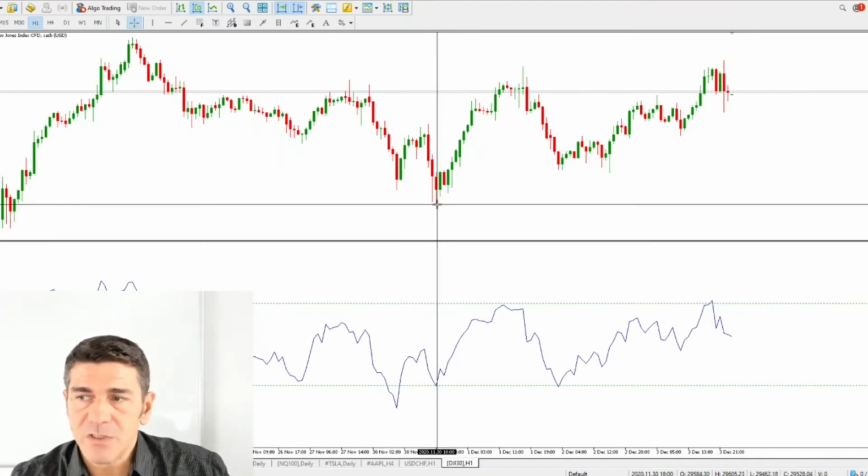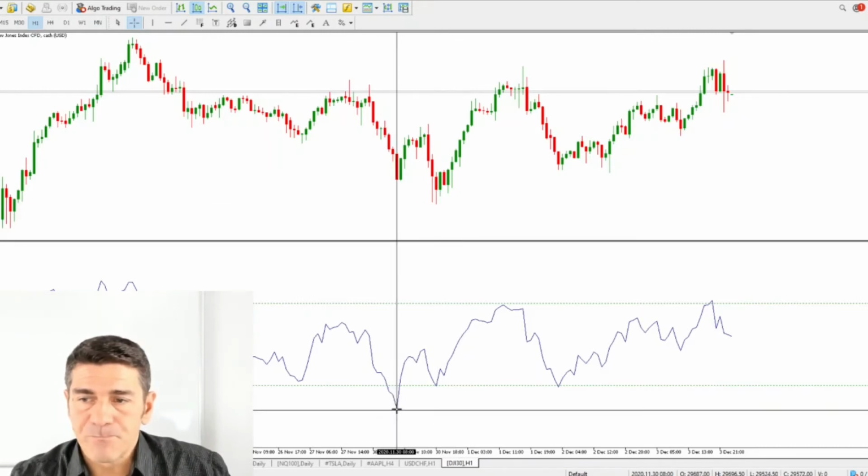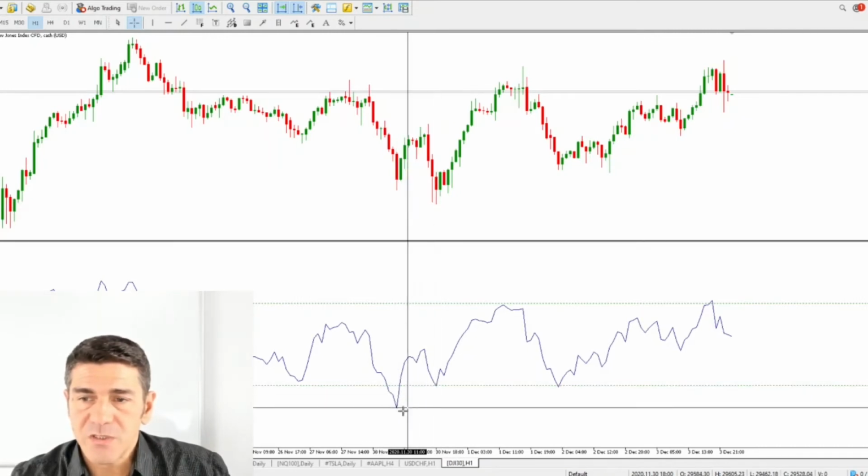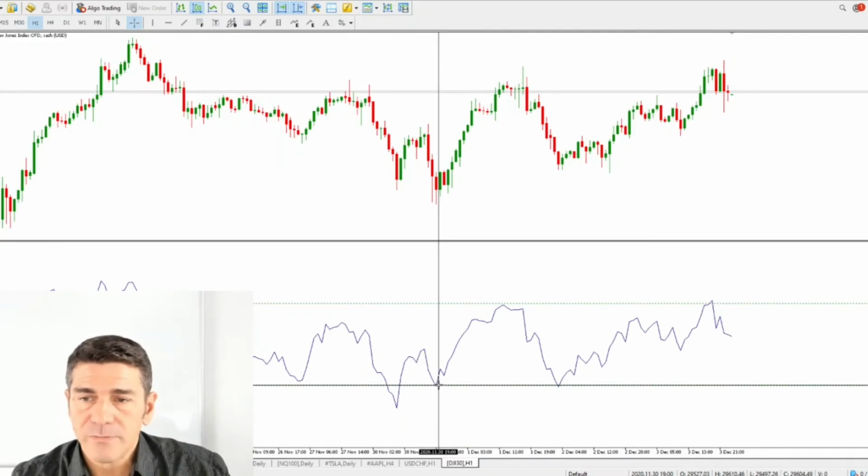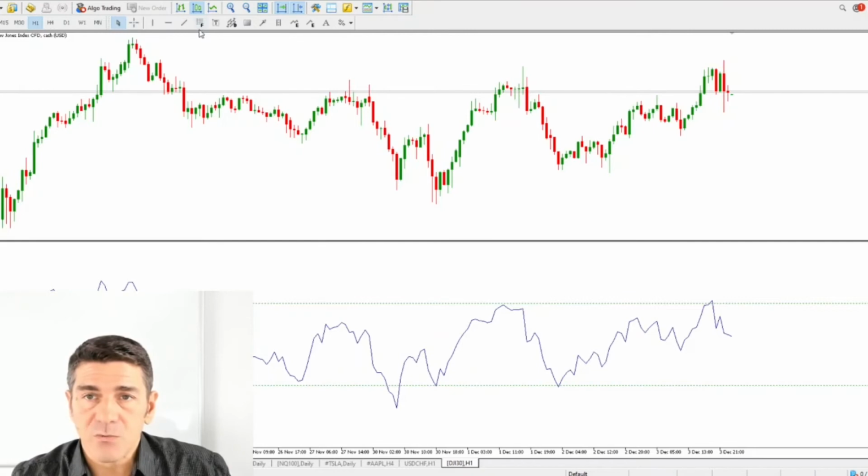The second dip is at lower prices, but here on the RSI we experience a higher low on the indicator. In other words, where is this divergence? From here and here.